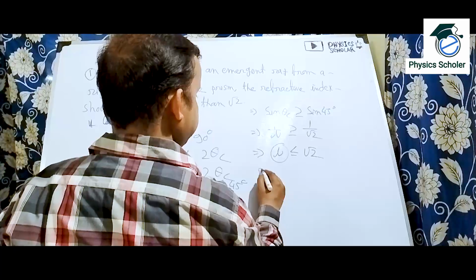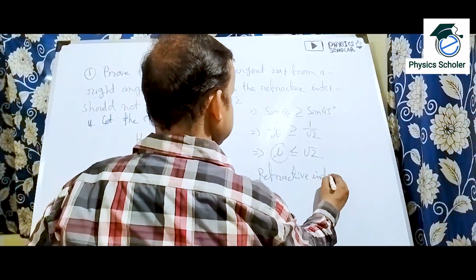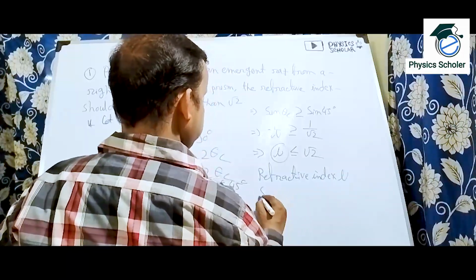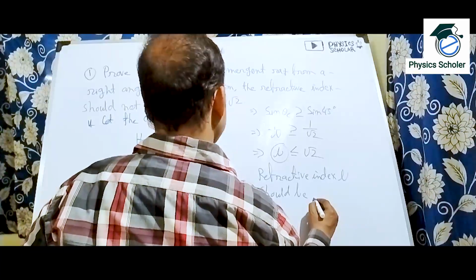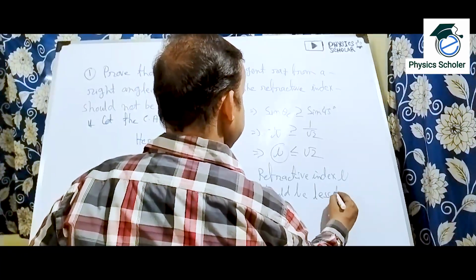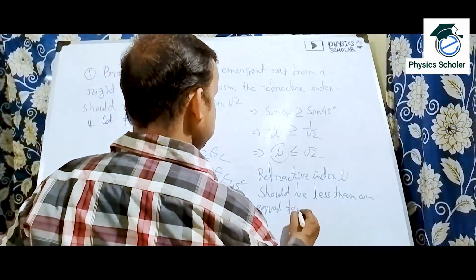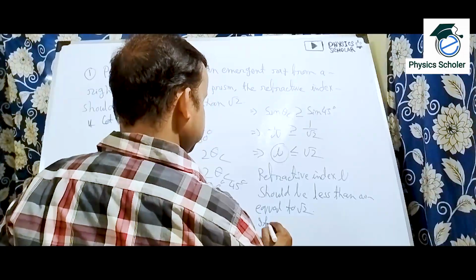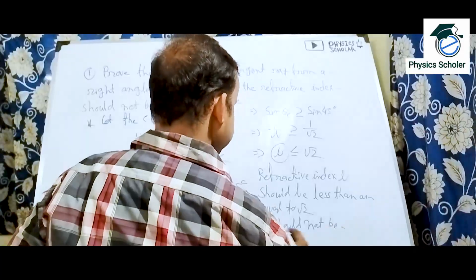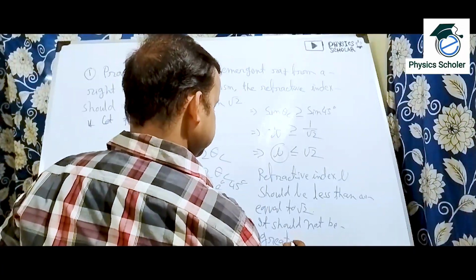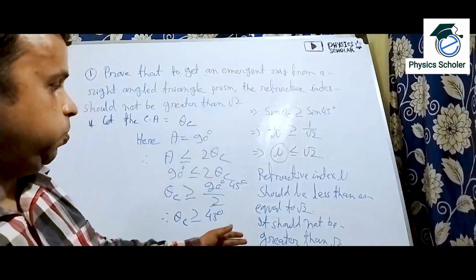So mu will be less than or equal to root 2. So the refractive index should not be greater than root 2. I think all of you have understood this.